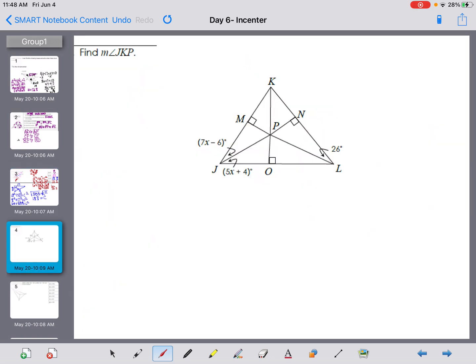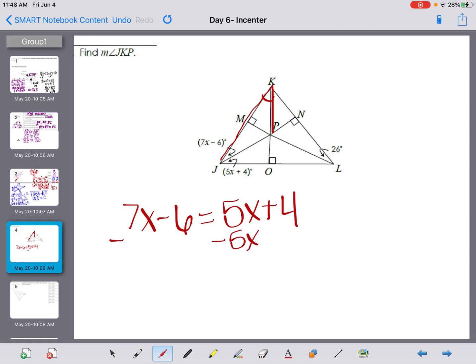Next, I want to find angle JKP. I want to find that angle right there. So something that we need to remember is we have angle bisectors. And angle bisectors mean that I have two congruent angles. So I'm going to set them equal to each other.